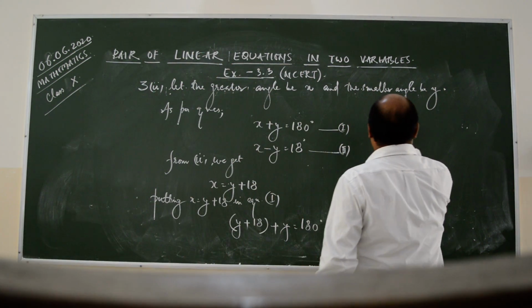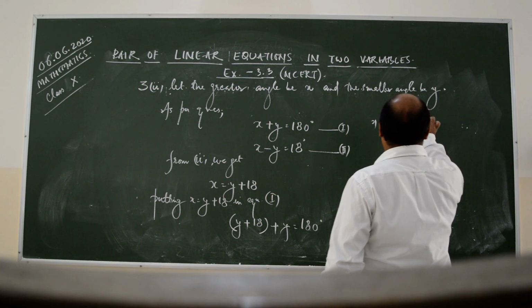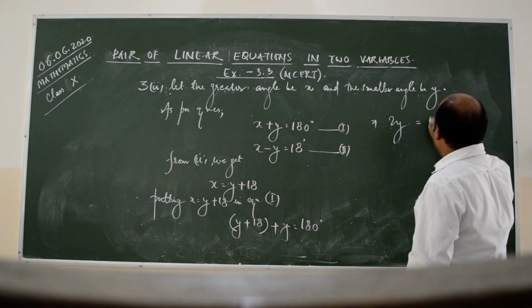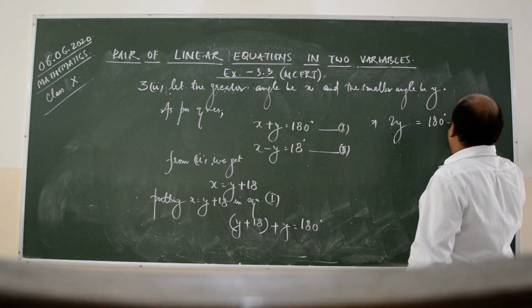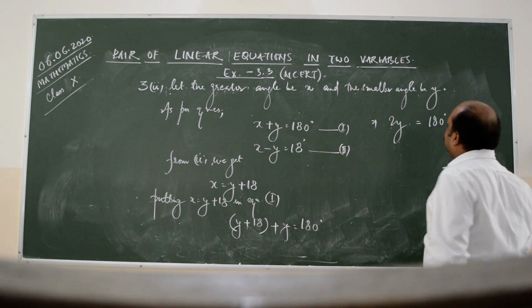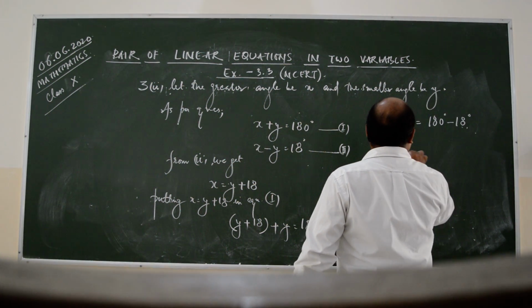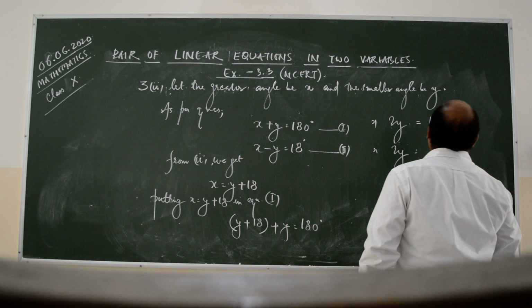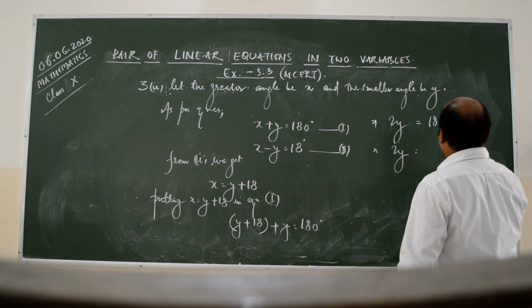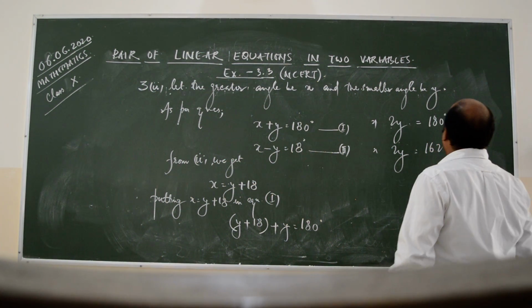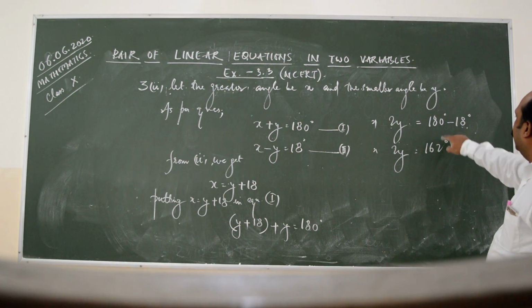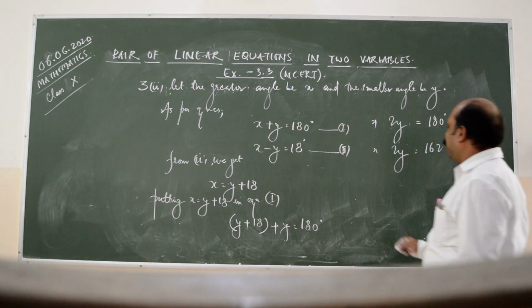So 2y is equal to 180 minus 18. So 2y is equal to 162 degrees, if you subtract 18.